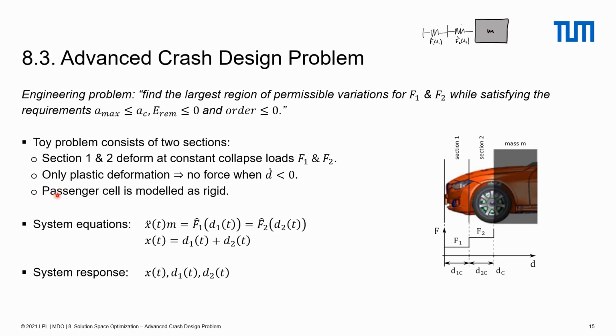And the passenger cell is modeled as rigid. And we have the system equations: the acceleration of the car equals the force. The force can be either F1 or F2, depending on which section the car is in.